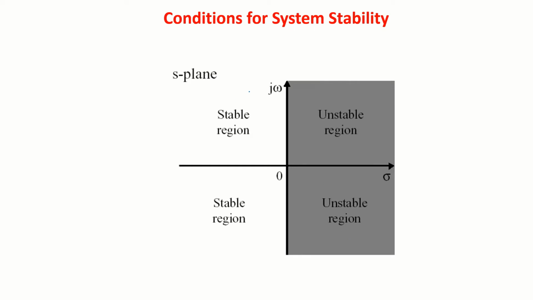Whenever the roots are in this region, it is a stable region. Here it is unstable. Whether the roots are on the positive real axis or are complex conjugate but lying on the right hand side of the S plane, they make the system unstable. So while designing, if you want to design a stable system, it is necessary that the roots should be located on the left hand side of the S plane.